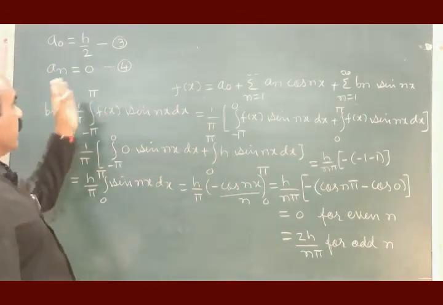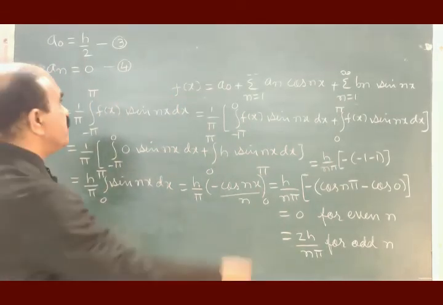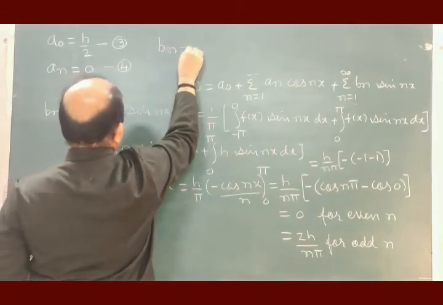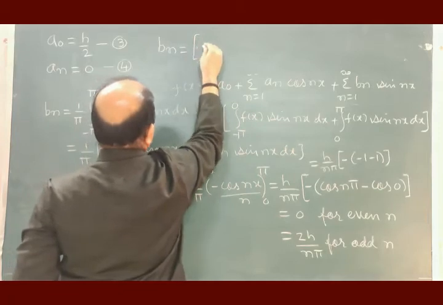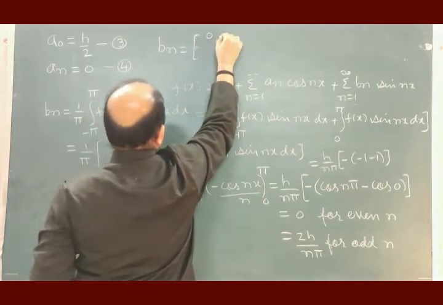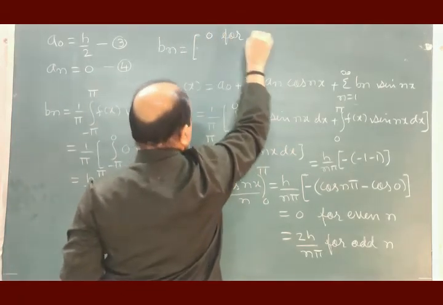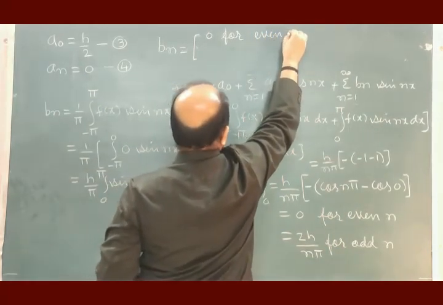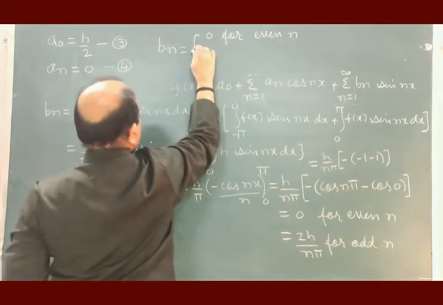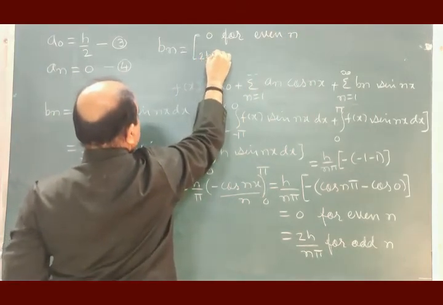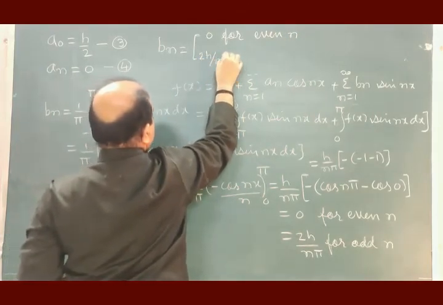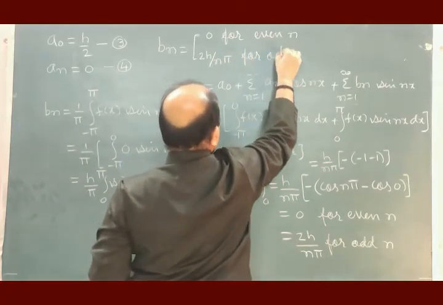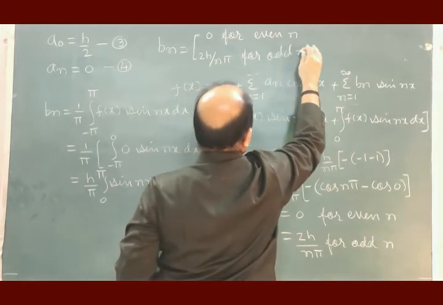Okay, so the third coefficient is also evaluated, that is Bn is equal to 0 for even n and 2h divided by n pi for odd n.